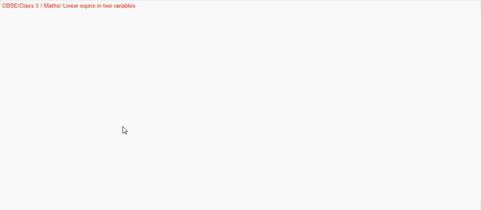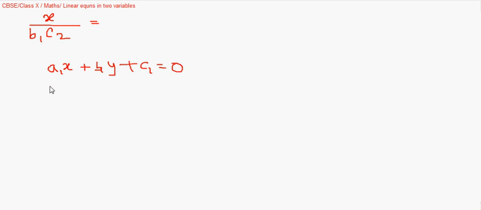Applying this will give you x by b1 c2 minus b2 c1, because we will be writing the pair of linear equations as a1x plus b1y plus c1 equals 0, and the second one as a2x plus b2y plus c2 equals 0.